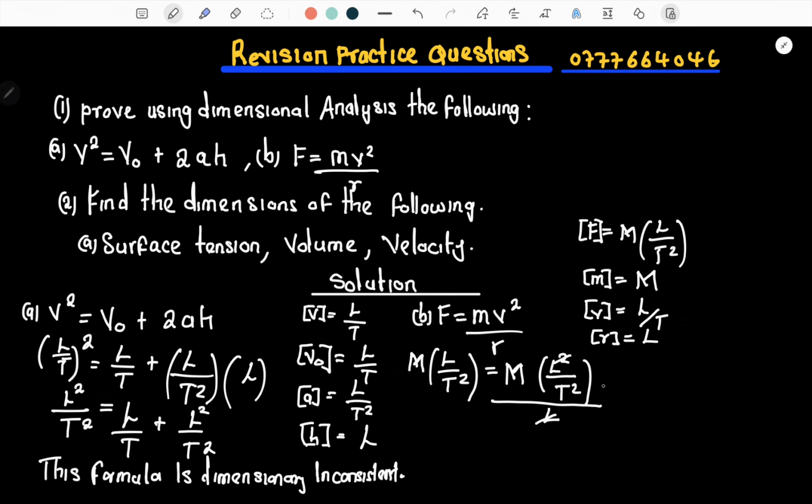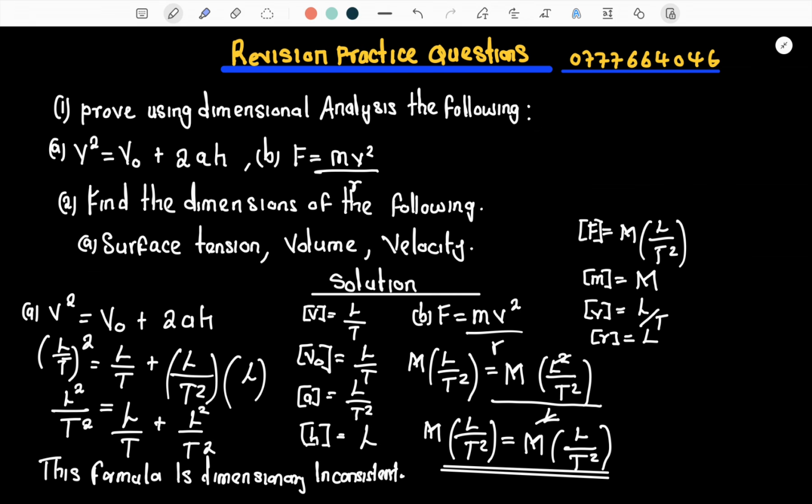When they cancel, you're going to remain with M, then L over T power 2, which is equal to M, L over T power 2. Basically this is just how you solve these particular questions.